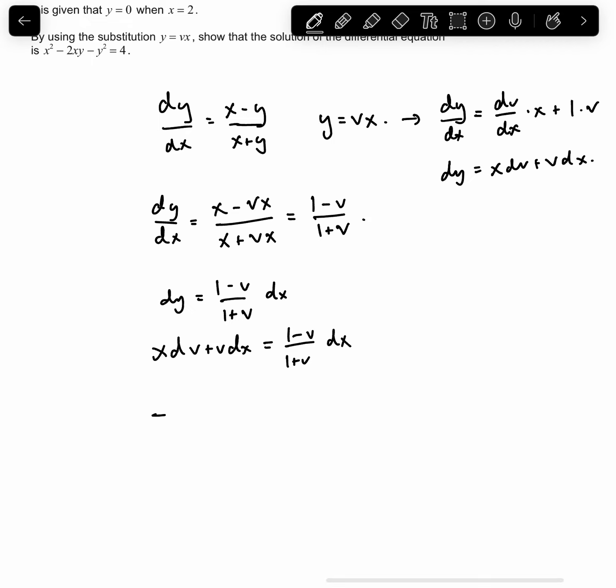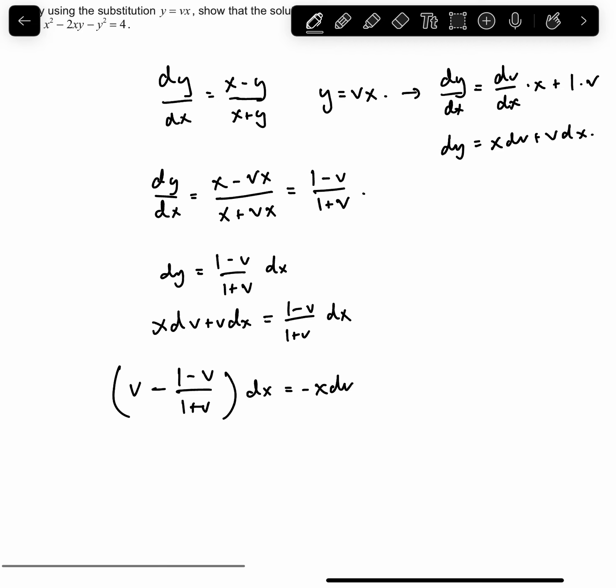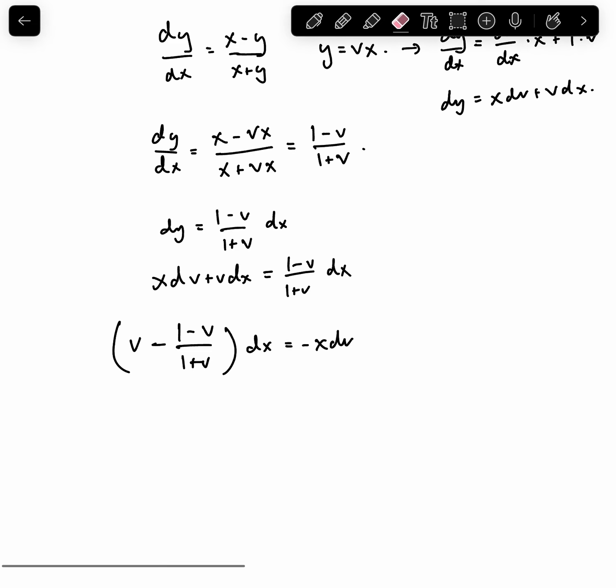So we get minus (1 minus v over 1 plus v) dx, plus v dx. I'll keep this here. Like this, it is equal to minus x dv. And we can actually use this minus to flip these terms.